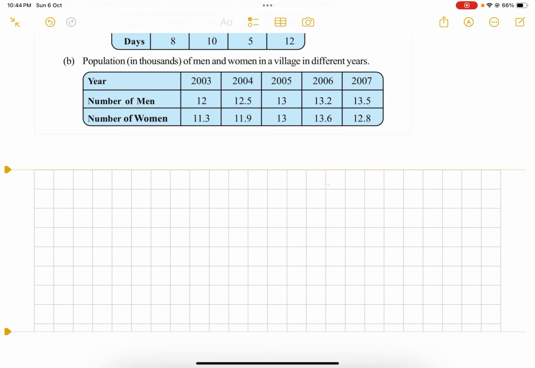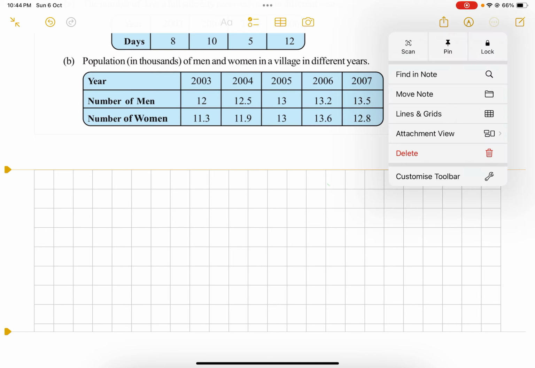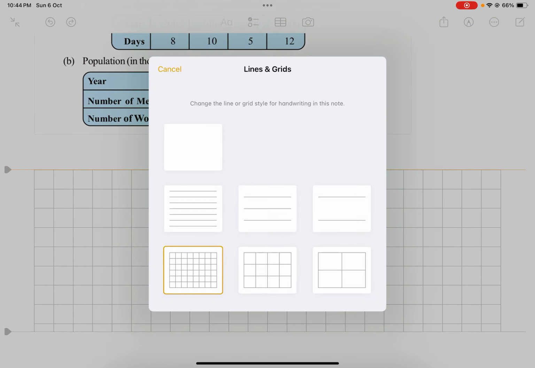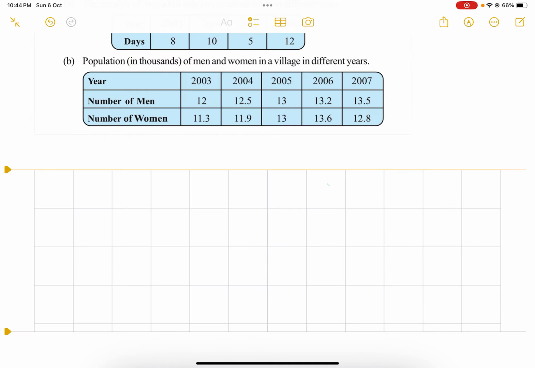On the x-axis, when I plot, let me draw in such a way that the years are on the x-axis.